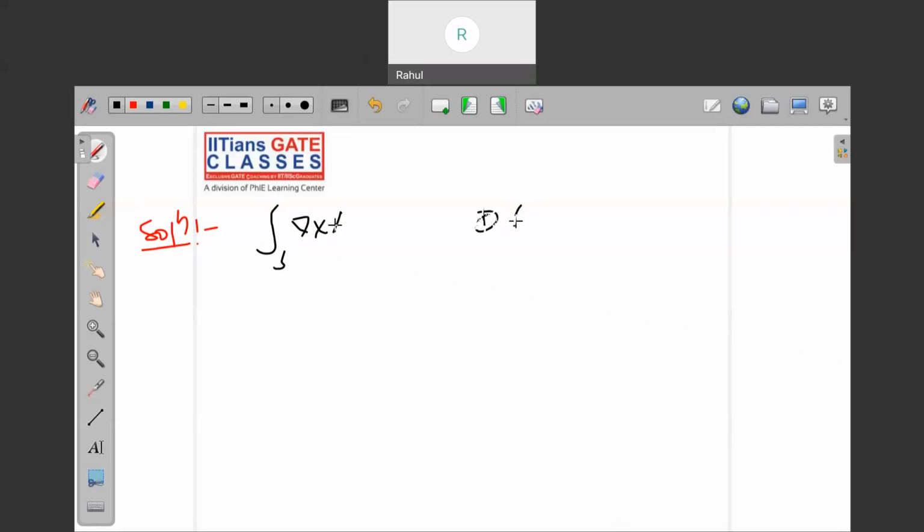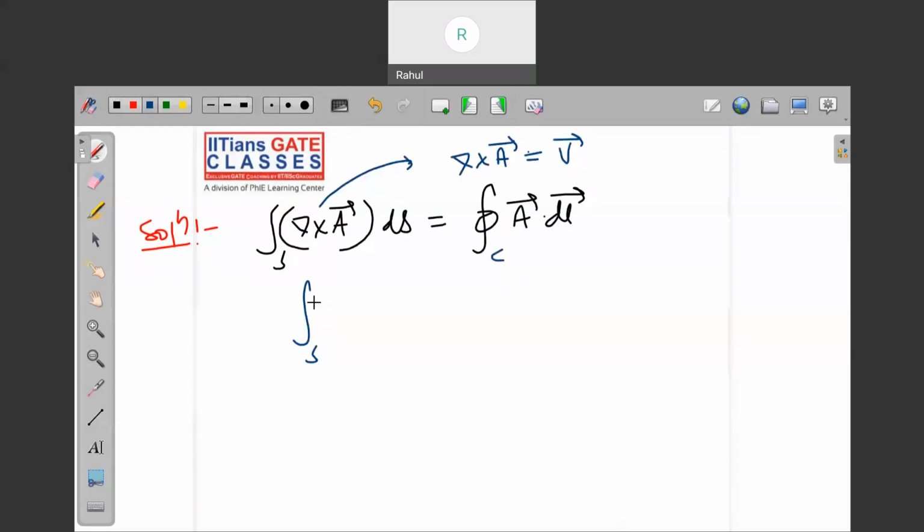In case of the divergence theorem, there was no line integral. We have done a problem as well. It's related to the V vector, so you can replace this with the V vector. So this is V dot ds equal to A dot dl.